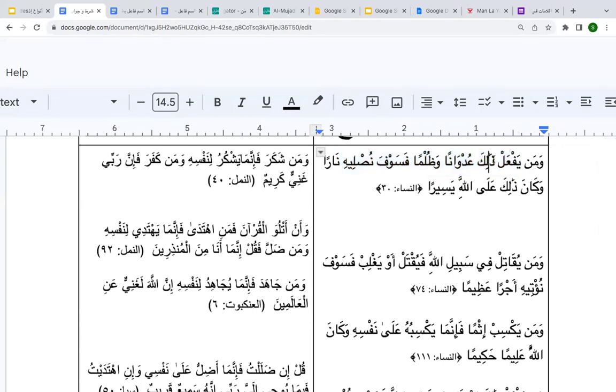The whole sentence is going to be fi mahalli raf'in. Zalika is going to be labeled as maf'ulun bihi. Tasneem, okay. Zalika maf'ulun bihi. What about udwanan wa zulman? Okay, let me see, whoever does that, udwanan wa zulman.